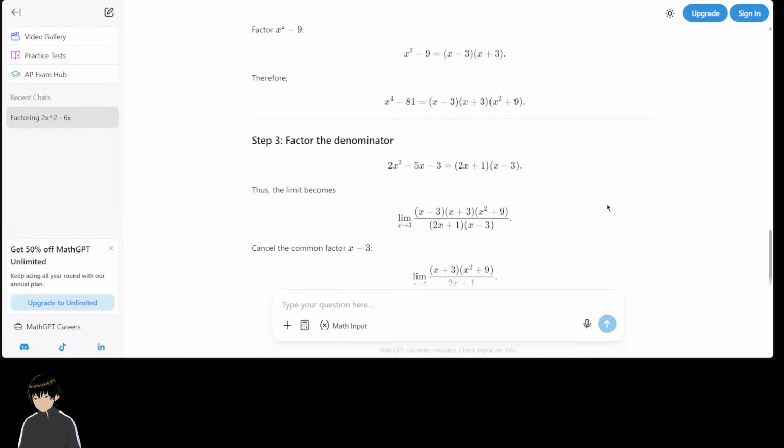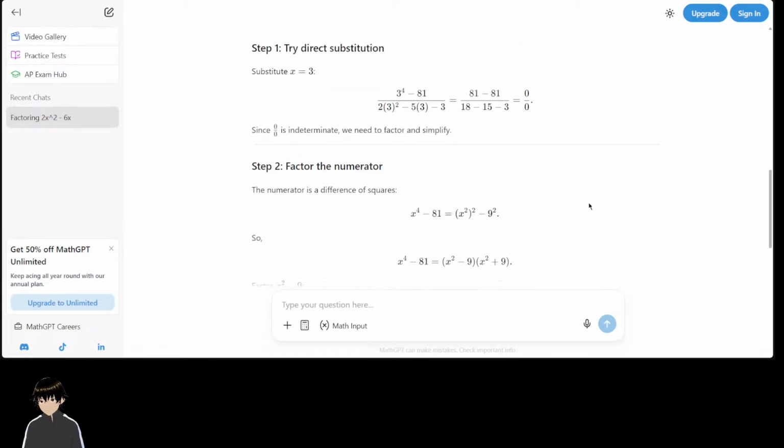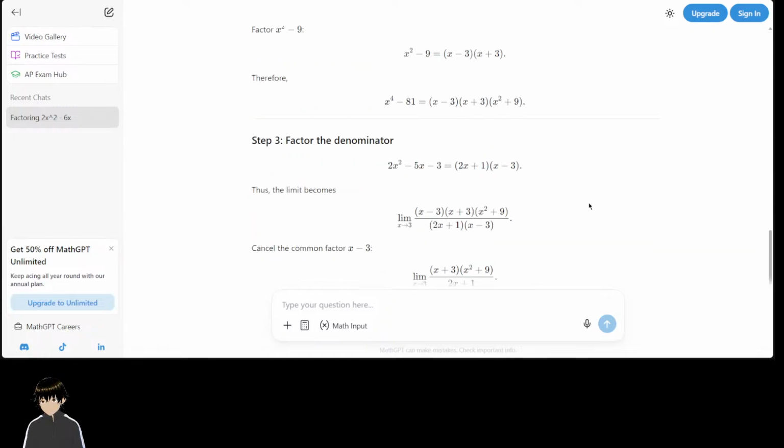Let's see how we did it. What? 2x plus 1? Wait, what happened to the negative 6x?